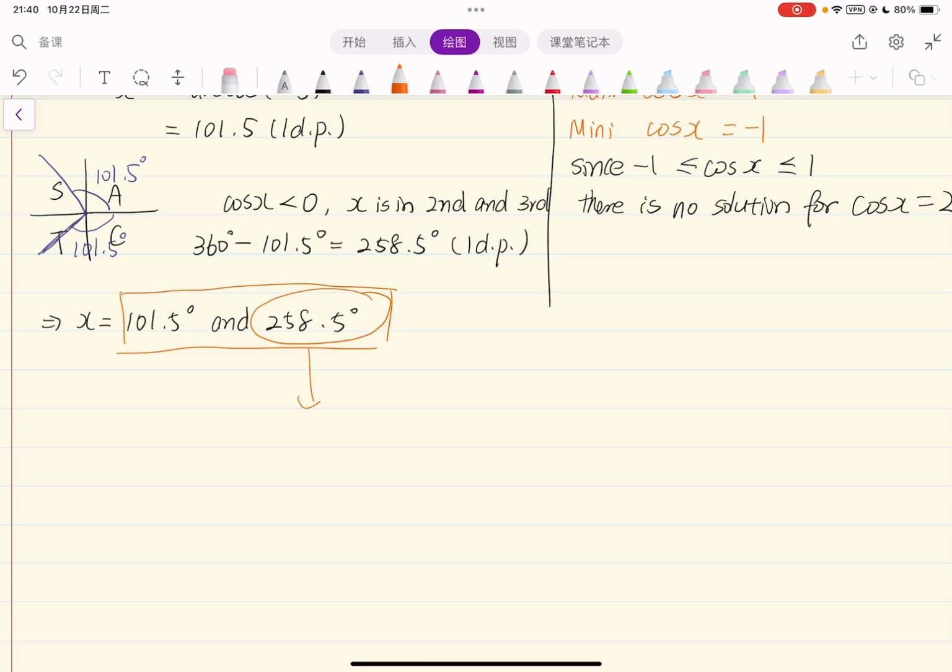That should be negative 101.5 degrees. Therefore, x equals 101.5 degrees and negative 101.5 degrees to 1 decimal place.